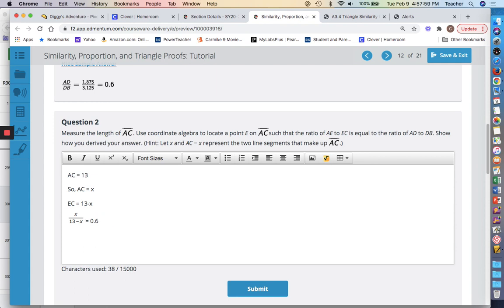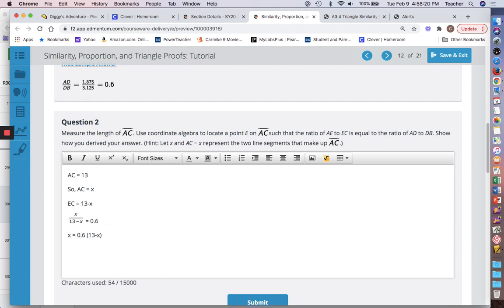So that's going to be x equals 0.6 times 13 minus x. I'm just doing the opposite of dividing by 13 minus x. It will cross off on the left side and then multiply over here.